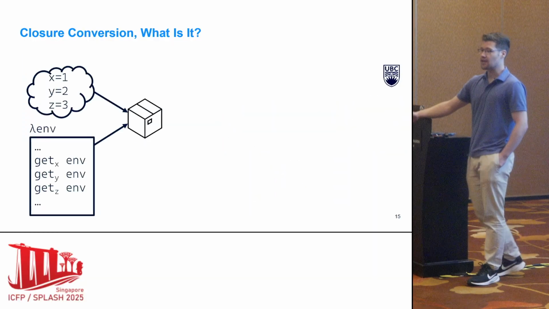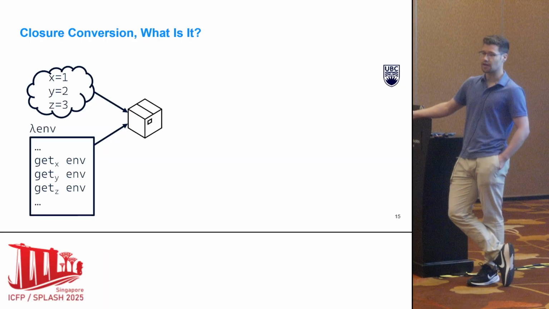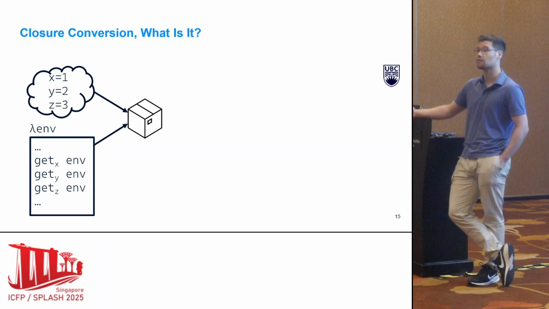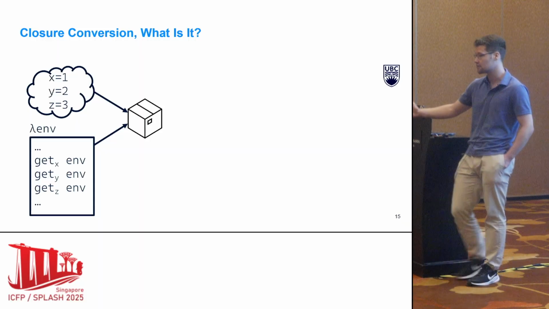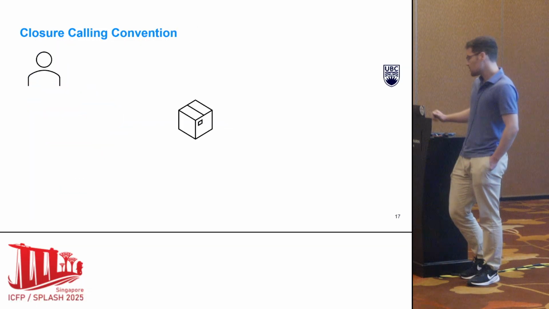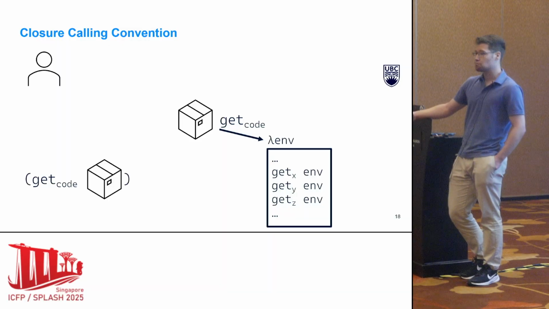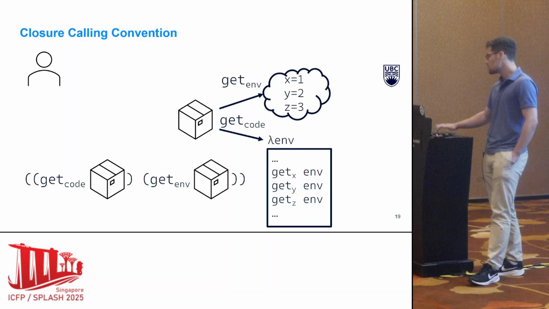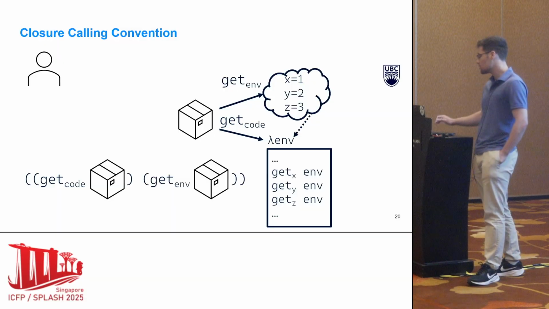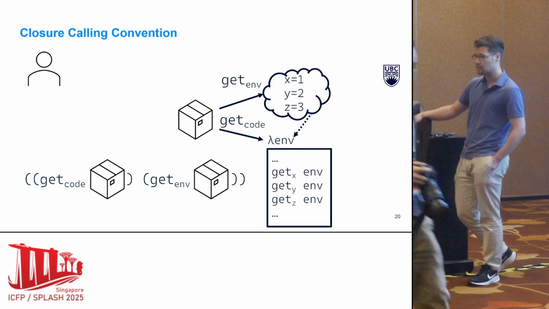So Santa's elves have given us this package. Santa's brought it down the chimney. It's Christmas morning. We want to unwrap it and play with it. What we need is a closure calling convention. So what we want to do, the first thing, is project out the code pointer somehow. Second thing we want to do is project out the environment, and then we're going to want to pass the environment to the code pointer.